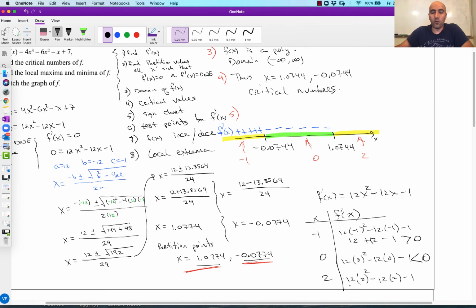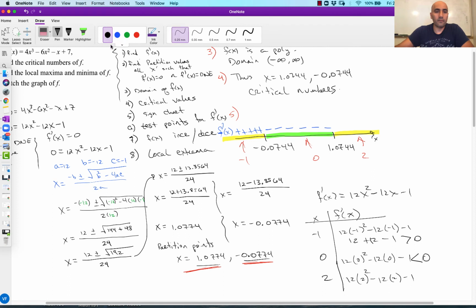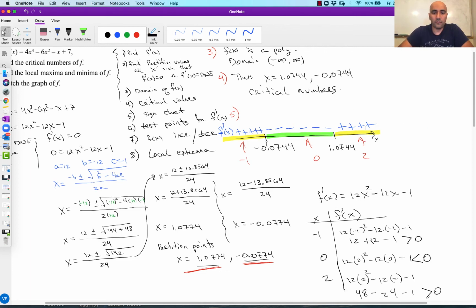So this will be 4 times 12 is going to be 48, minus 24, minus 1. It's definitely going to end up being positive. So coming back up here to my sign chart, again, this is going to be positive. Let me zoom into this chart here.